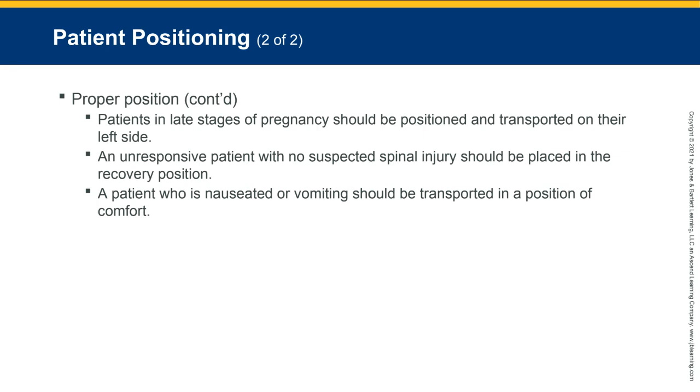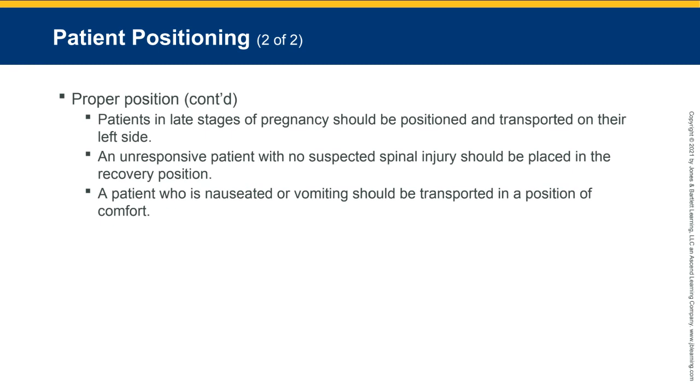We don't want that for a pregnant patient, because when the patient is pregnant, if there are any complications to that patient and they start to go into shock, their body will protect them. It will not protect their fetus.